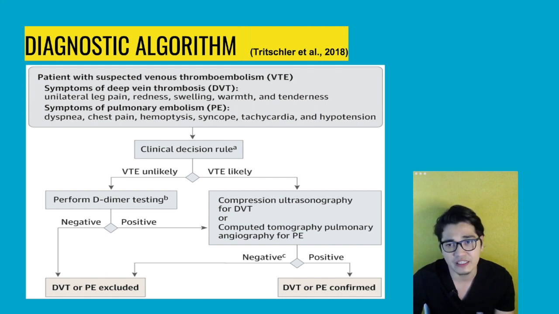If it's unlikely that the patient has VTE, D-dimer testing is done. If that becomes positive, then further testing is warranted. If there's a high likelihood that the patient has VTE, an ultrasound is performed to rule out DVT, and a CAT scan may be done to rule out the presence or absence of the clot.